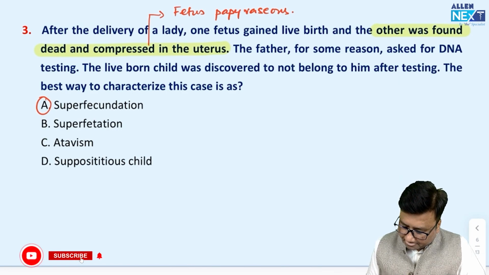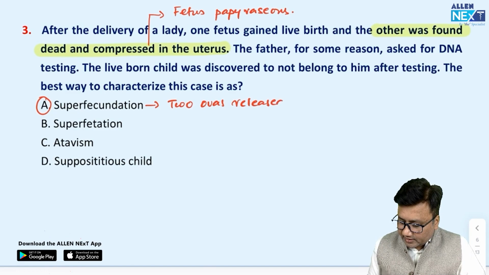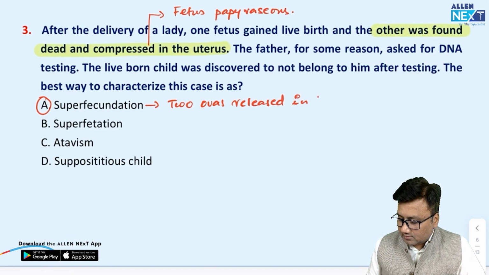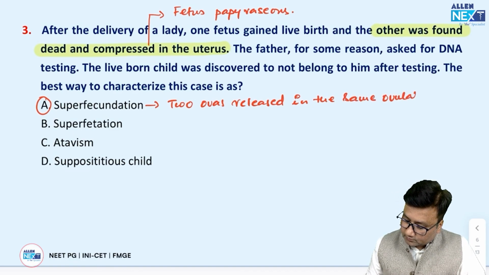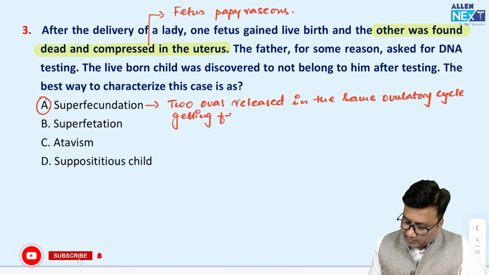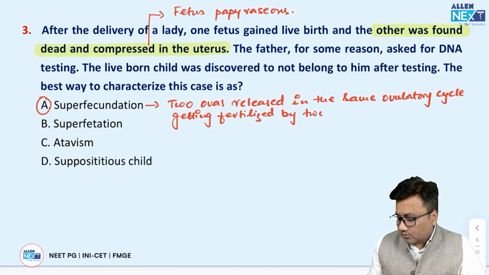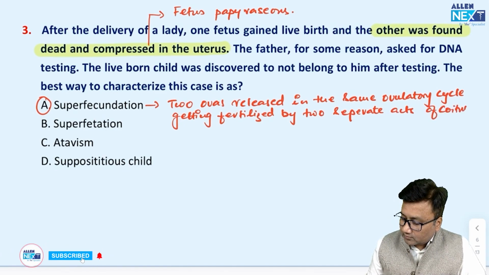What is superfecundation? Two ova released in the same ovulatory cycle getting fertilized by two separate acts of coitus.